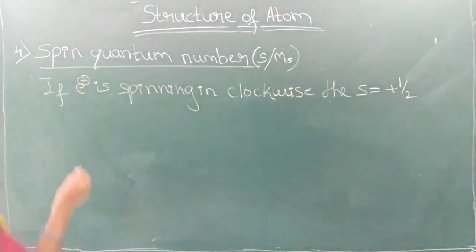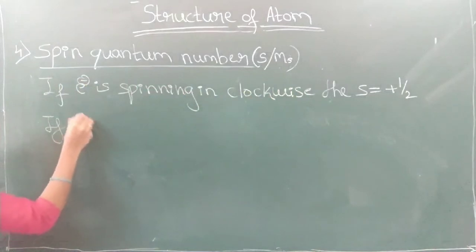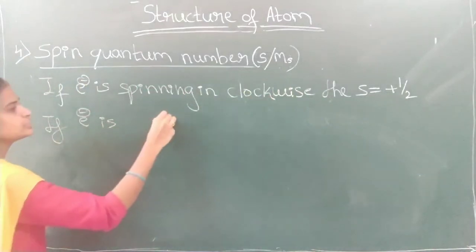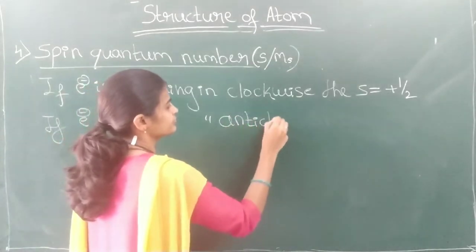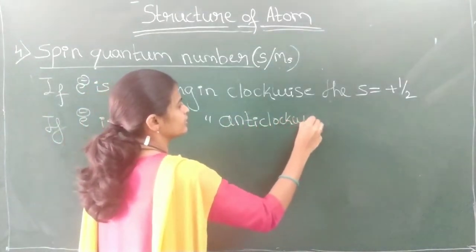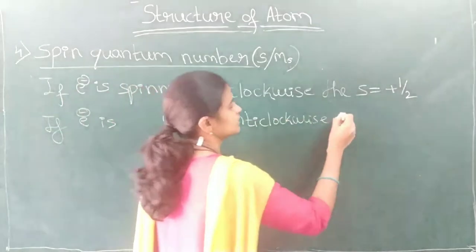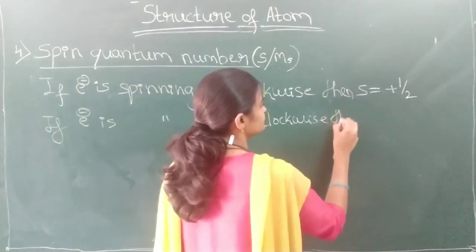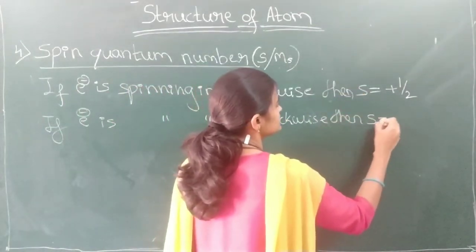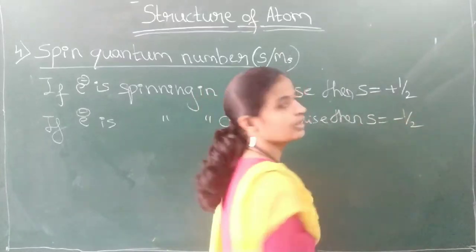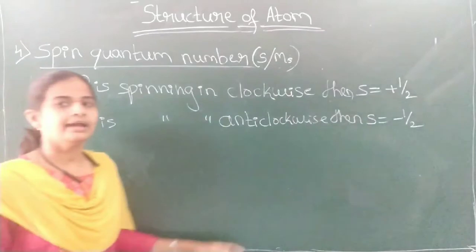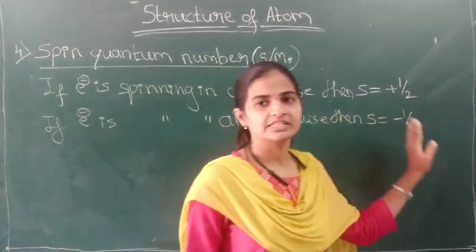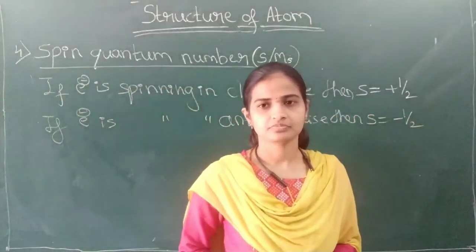Remember. If the electron is spinning in anti-clockwise, then s is equal to what? Minus half. Clockwise plus half and anti-clockwise it is minus half. This much you have to remember.